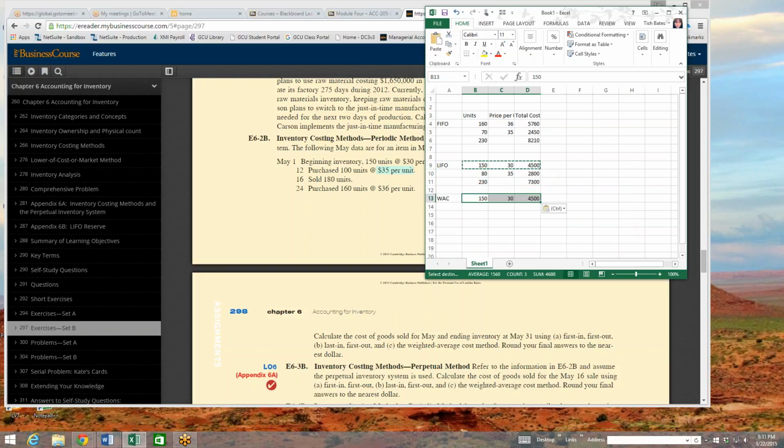So you're going to take your 150 units, you're going to take the 100 units at $35 a share, or $35 a unit, not a share. I'm talking stocks here.